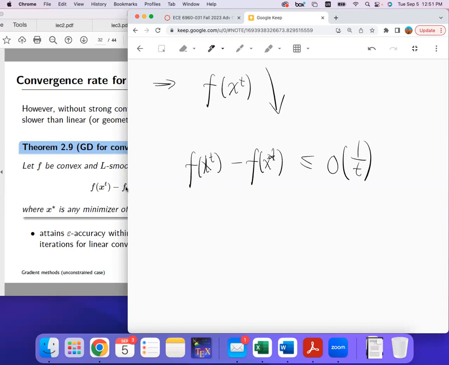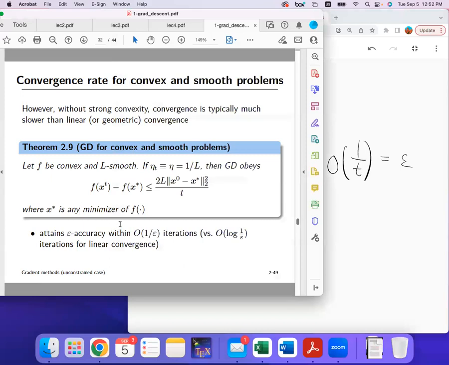And again, we can discuss the iteration complexity if we want to achieve an epsilon accuracy. Then I require t to be bigger than roughly 1 over epsilon, just the inverse of the other one. So this is the iteration complexity of gradient descent when applied to convex and smooth functions.